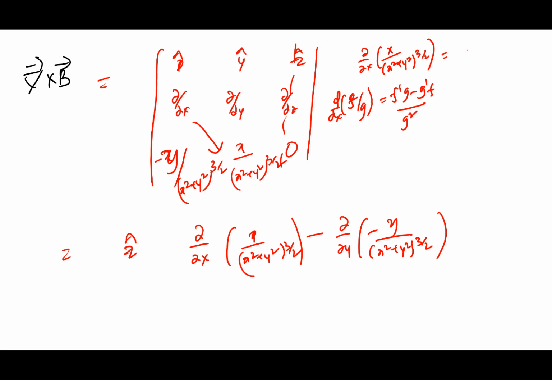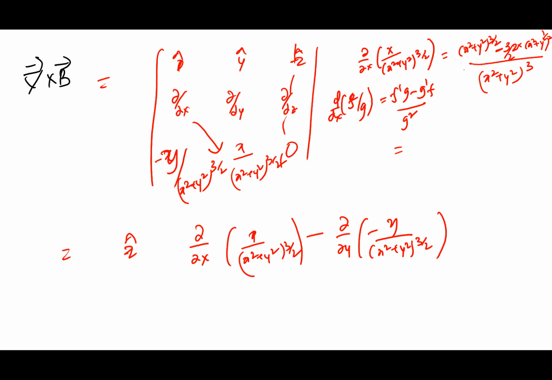So f prime would be 1, and I would have x squared plus y squared to the power 3 by 2 minus g prime, which would be 3 by 2 times 2x and x squared plus y squared to the power half, divided by x squared plus y squared whole cubed, because we're squaring it.